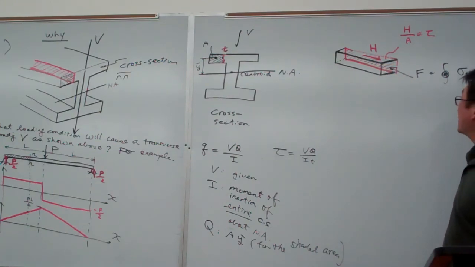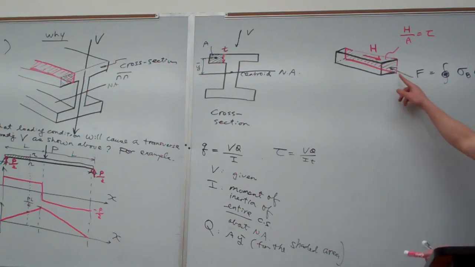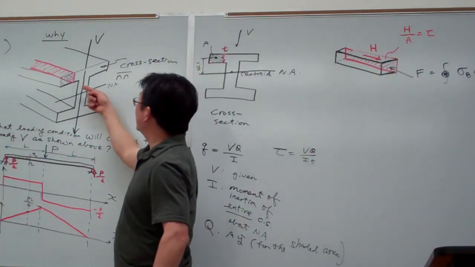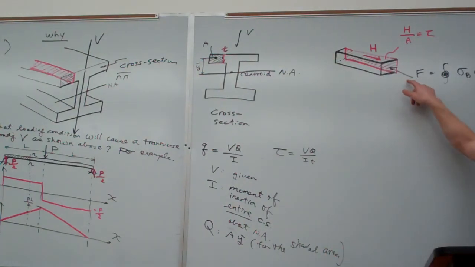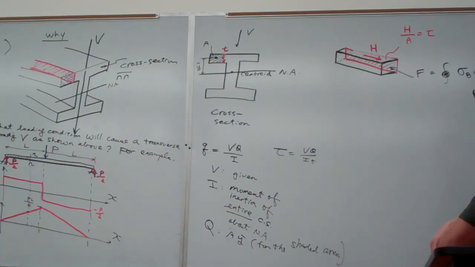Now we come to the point. It's based on whether it is compressive or tension. If it's compressive, the force goes into that direction, so H will be coming out of the board to be in balance. If it were in tension, the H would point to the other side. So now we come to here.